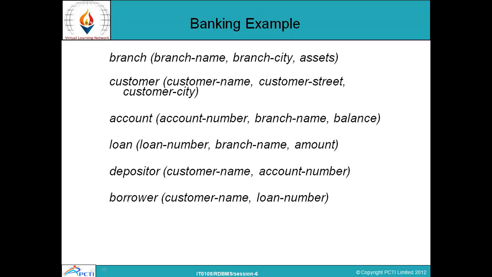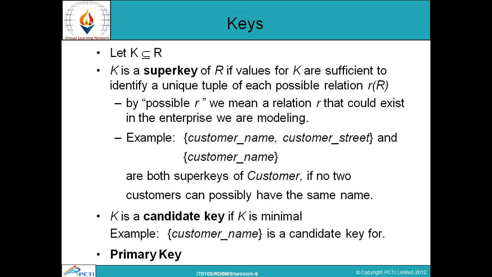The loan table takes loan number, branch name, and amount. The depositor takes customer name and account number, and the borrower takes customer name and loan number. These are the tables. Consider an example here, and we apply the queries over these.